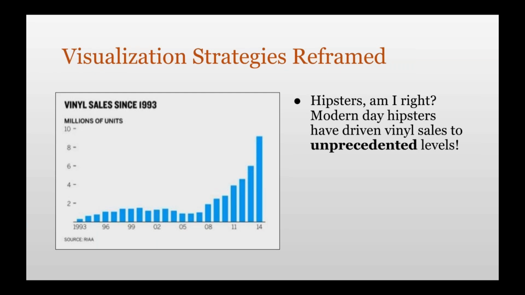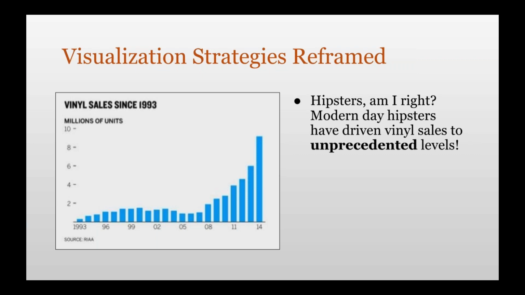So here is another example of what this looks like in practice. We're looking at vinyl sales, so large records, which were the only way to listen to music back in the 70s, but now have become really popular, and here I'm making the point, popular among hipsters.